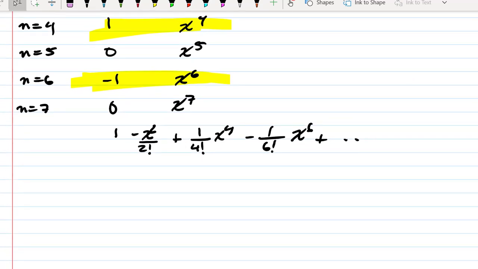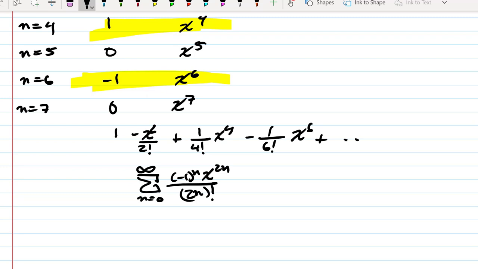If we write this out, we're going to have something that looks like this: the sum from n equals 0 to infinity of negative 1 to the n, x to the 2n, all over 2n factorial. I forgot my alternating sign. And that would be our Maclaurin series for cosine.